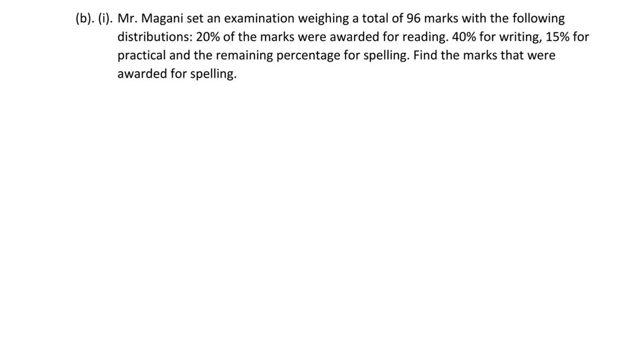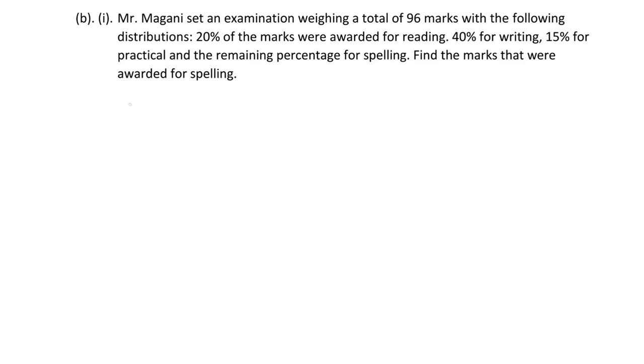To find the marks for spelling, we are just going to take the total marks minus the sum of all the marks for reading, writing, and practical. Okay, so let us find the marks for reading, writing, and practical.